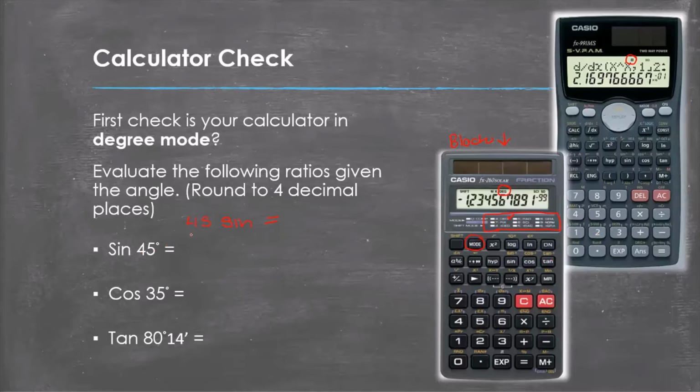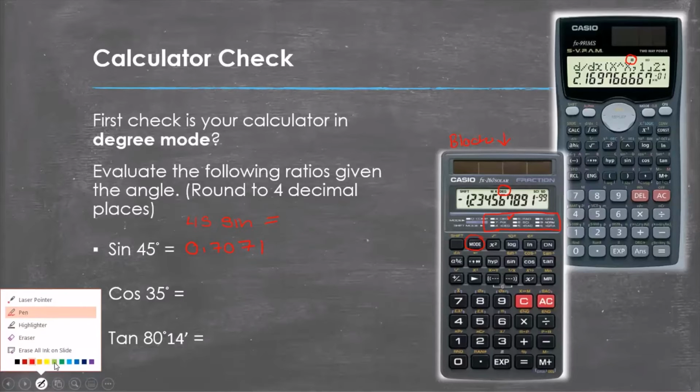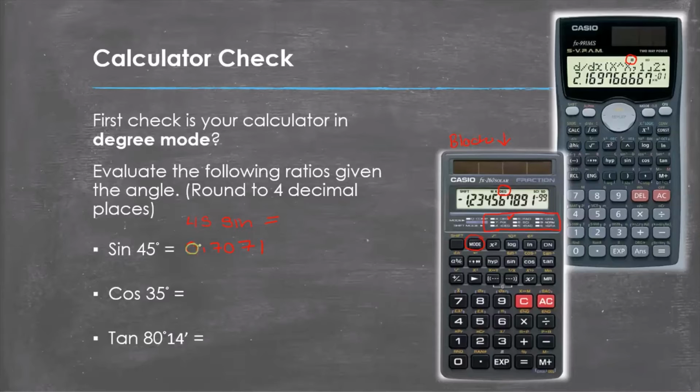You should get 0.7071. If you're not getting 0.7071, make that a little clearer to see. So again, 45, you'll type in first, and then you're going to press the sine button.